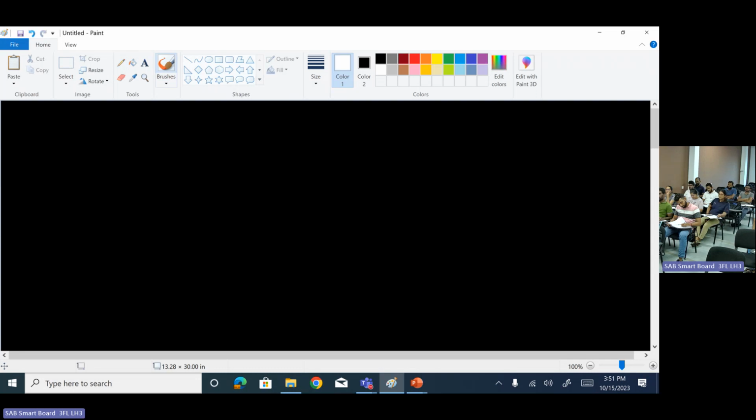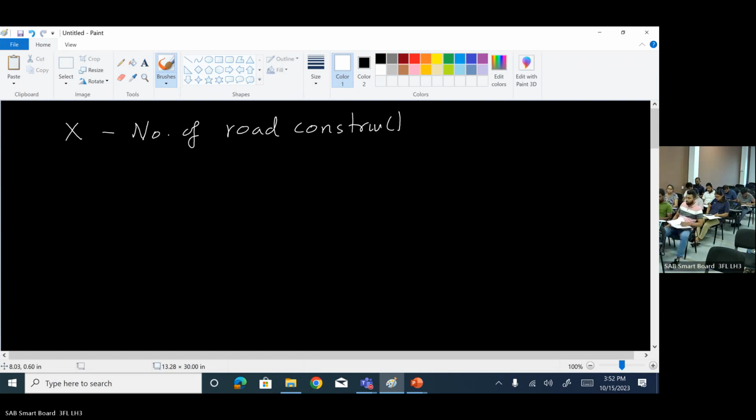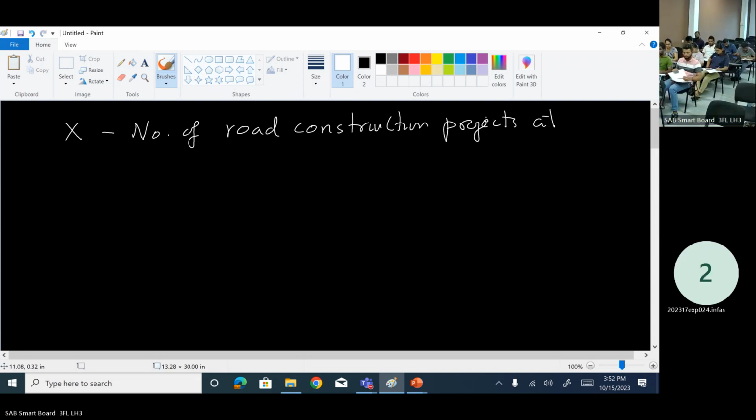So X we can define as number of road construction projects at a time, you can say, or at one time, also fine.